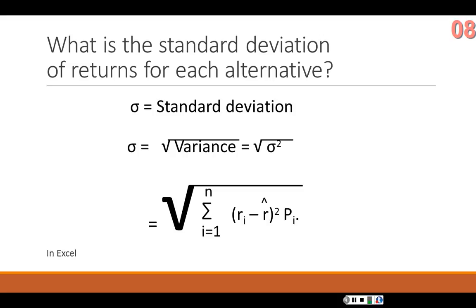The standard deviation is the square root of the variance. And to calculate standard deviation, we simply take our observed return minus our expected return squared times the probability and sum that up over each of the economic events.